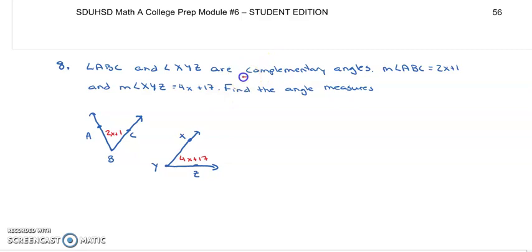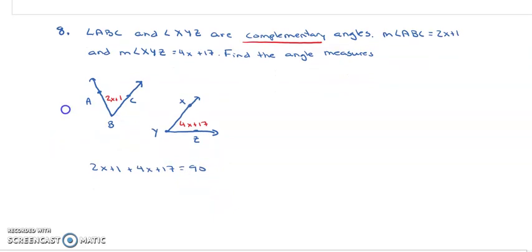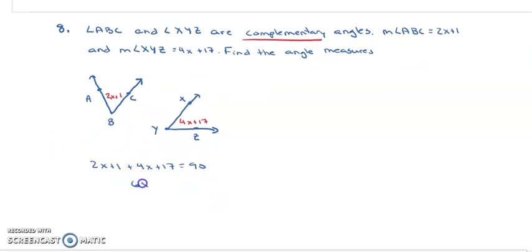Right here, remember, complementary angles add up to 90 degrees. So I'm going to say 2x plus 1 plus the 4x plus 17 is going to give me 90. Combining my like terms, 6x plus 18 equals 90. I'm going to add the opposite, or the additive inverse.